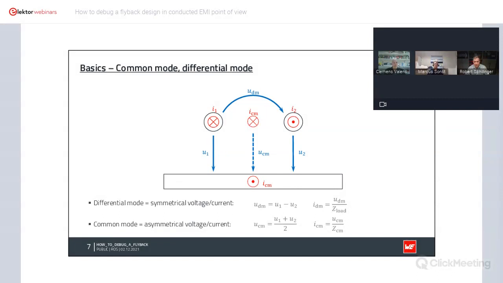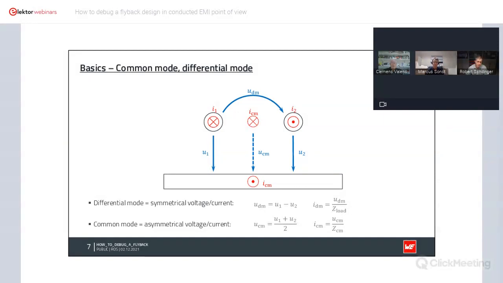To understand what kind of filter is good for my design, I will show you both noise modes. Maybe you know the words differential mode and common mode, or it's the same as symmetrical voltage or current and asymmetrical voltage or current.